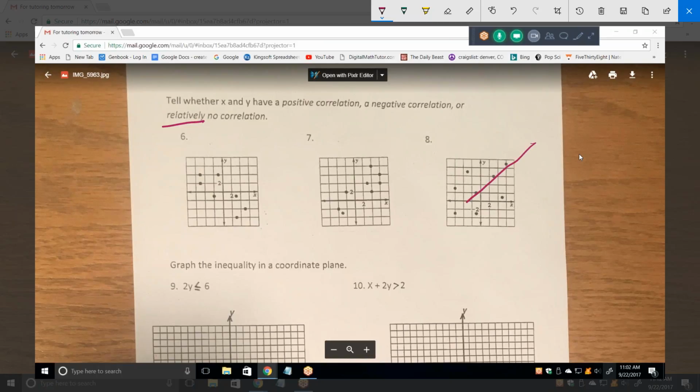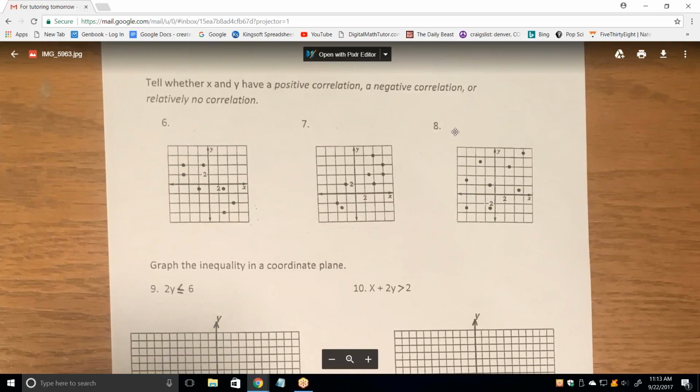I did find a line that I'll bet would be the least. If you put these points into your calculator, I bet it would give you something like that. But that would be a very low R. So I would say that this has no correlation. Now let's look at the last two.